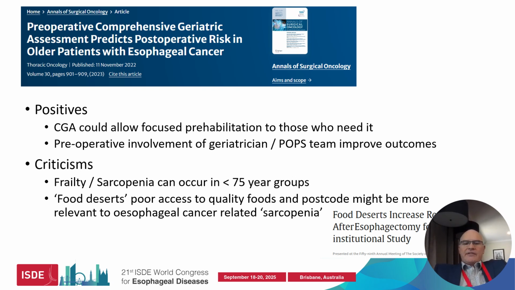And they also suggested that the quality of food and postcode of the patient may have a bigger aspect to play in certain circumstances, and there are papers on places they call food deserts, where quality food in supermarkets isn't available, and patients tend to eat poor quality junk foods.